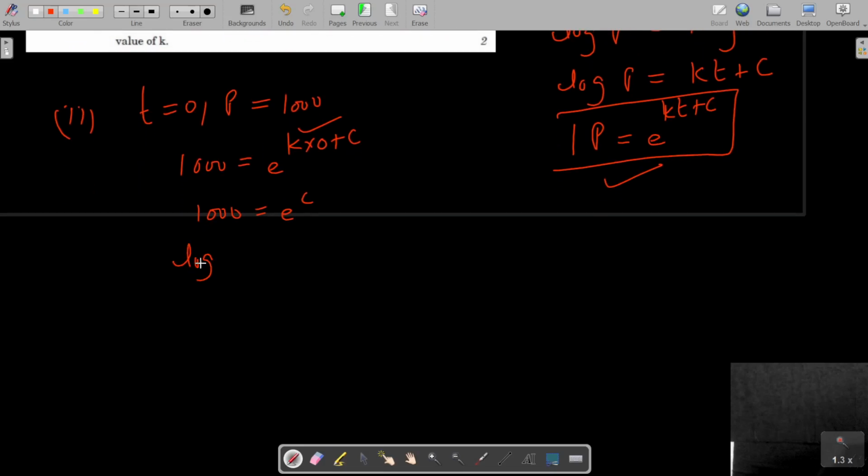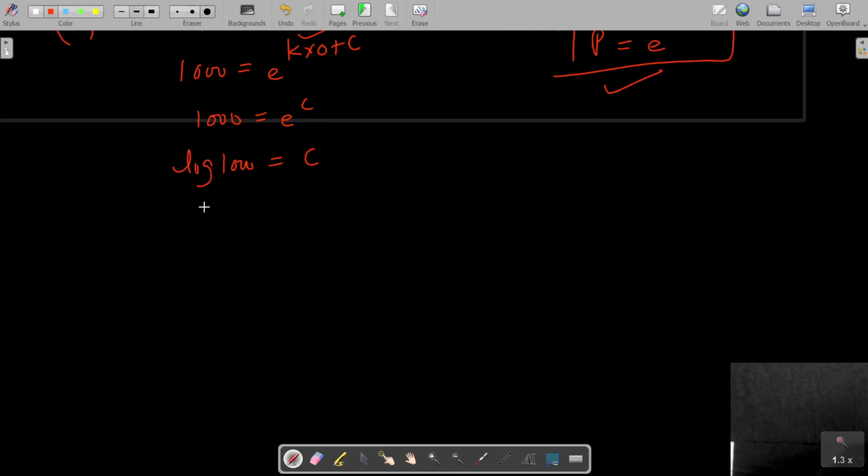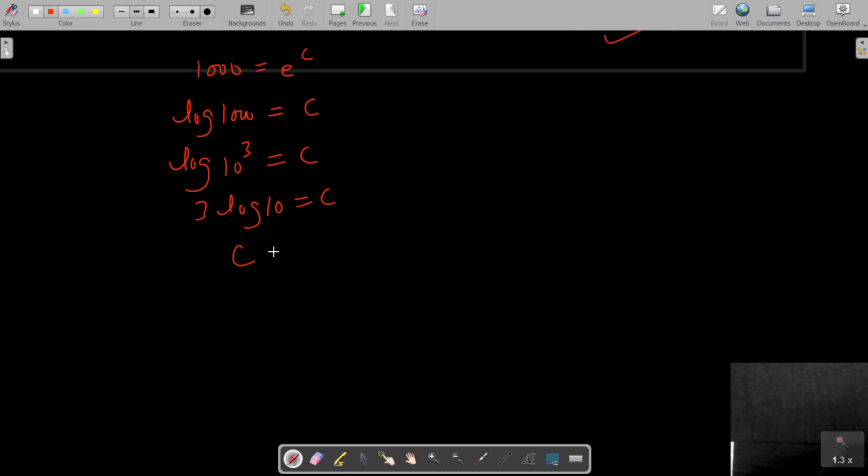I can write it as log 10 cube is equal to c, so this is 3 into log 10 is equal to c. Now log 10 is 1, so c is equal to 3.